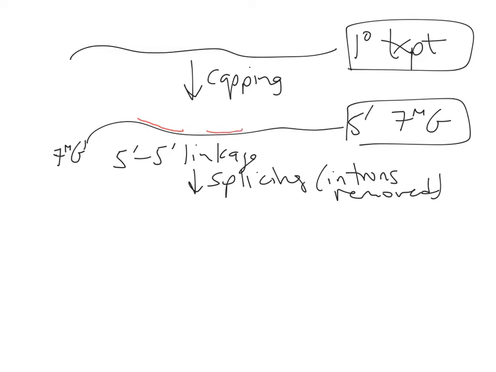Right. So here I'm going to highlight different parts of the RNA molecule that aren't coding for amino acids. These are not parts of the RNA molecule that actually tell the ribosome to put amino acids into the protein that's encoded by this RNA molecule. These are parts of the RNA that get removed before this RNA becomes messenger RNA. In other words, what happens after splicing is your transcript is shorter.